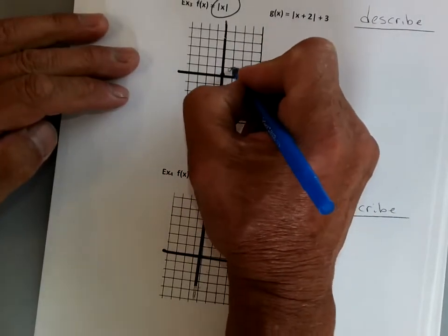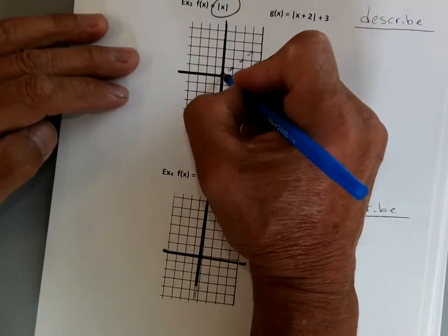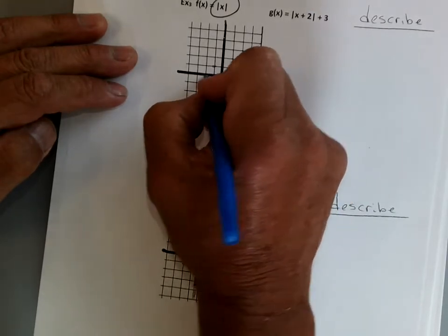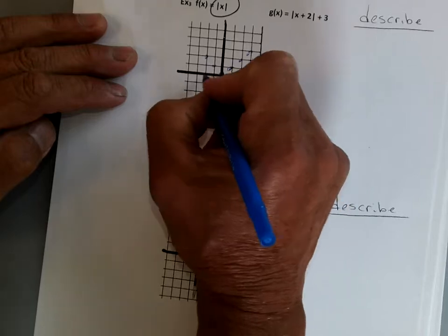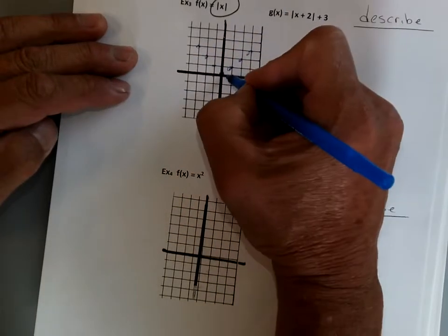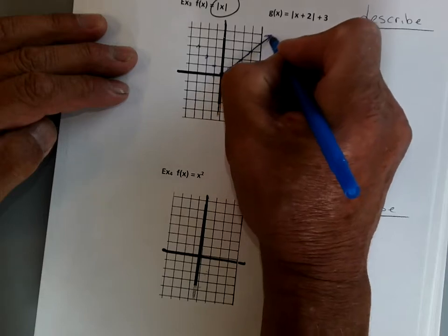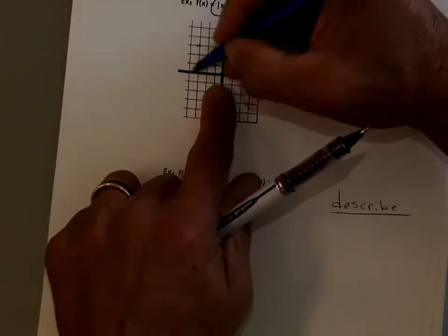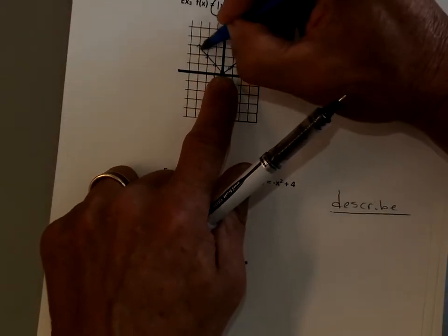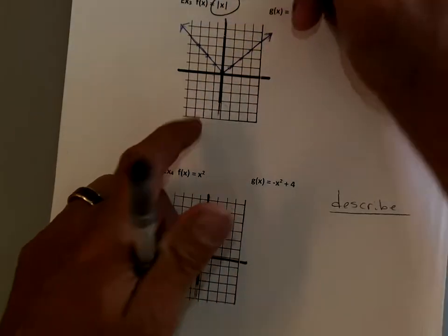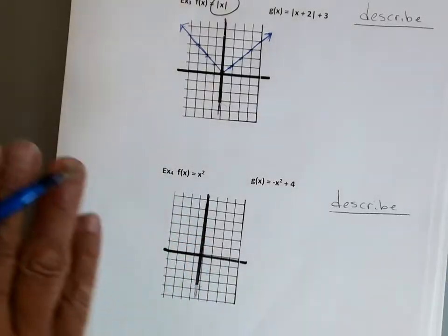I'm going to go up 1 over 1, up 1 over 1, up 1 over 1. Then absolute value of negative 1 is a positive 1, absolute value of negative 2 is a positive 2, absolute value of negative 3 is a positive 3. So the absolute value graph looks like a V, because everything is going to be positive. If you have negative values, they become positive. That's why it looks like this. So that's our parent function.